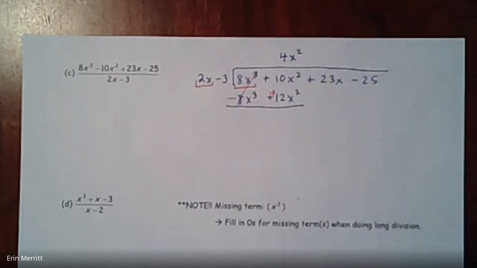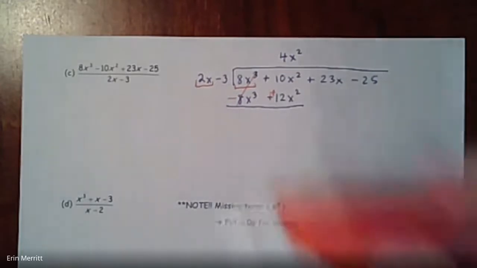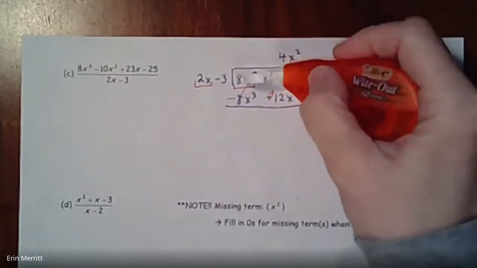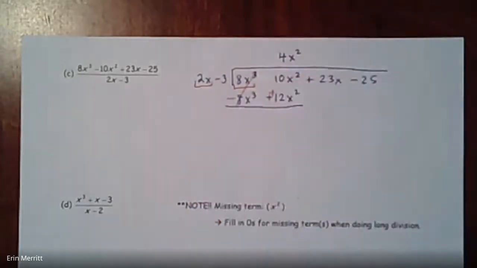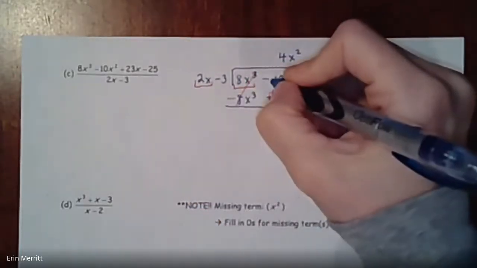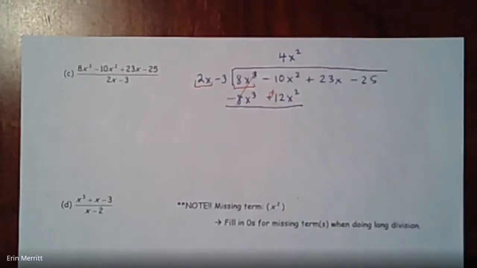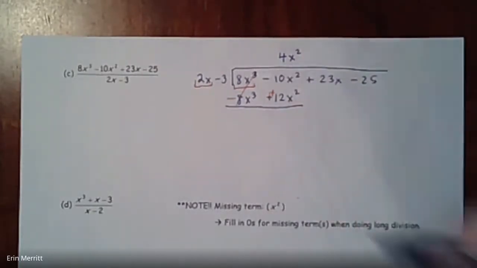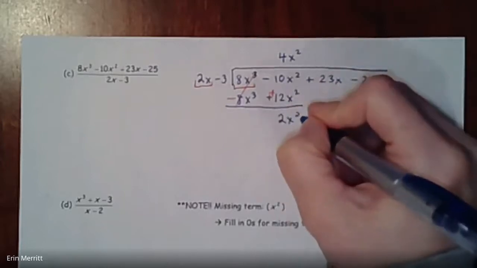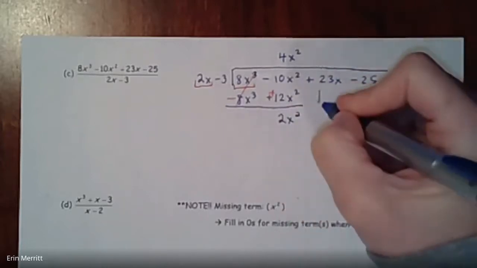Oops, I just realized that I had a copy error there. Sorry about that. Sometimes I catch my little mistakes, sometimes I don't. Oops, that is a minus. There we go. Okay, so minus 10 plus 2. That's going to give us then a 2x squared. That was a close one. All right, bring this on down.